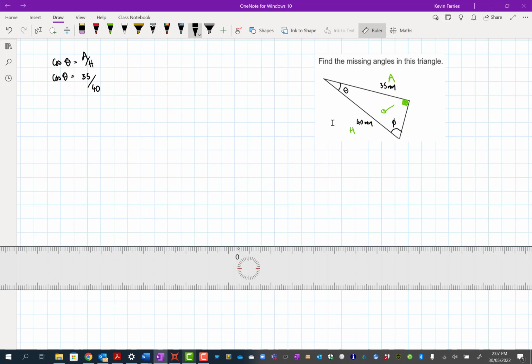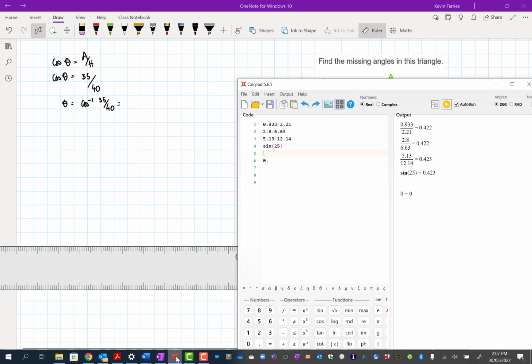The opposite of cos is cos to the minus 1, or inverse cos, or sometimes they call it arc cos, acos. And so theta is equal to cos to the minus 1. That just tells you it's the reverse of cos. Cos to the minus 1 of 35 over 40.